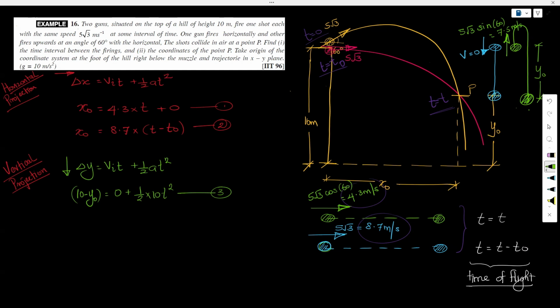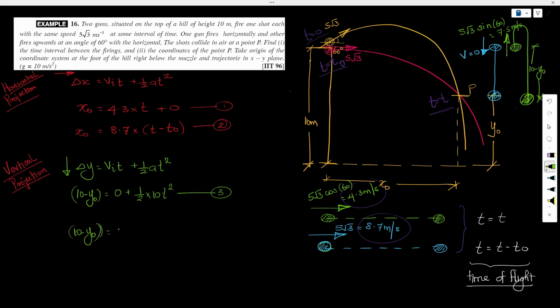So that has also traveled 10 minus y naught, right? Y naught is down. So the second one is also 10 minus y naught. I am considering down as positive.